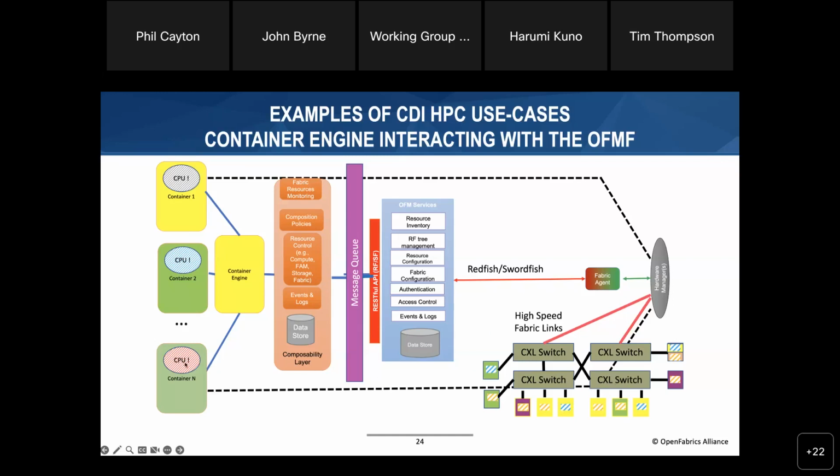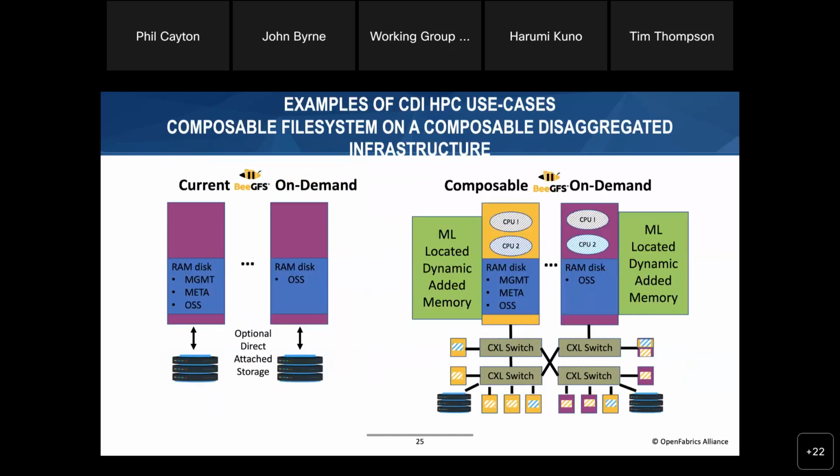Let's say container N, CPU 1 is attached to a portion of the memory on the CXL switch on the right, and it's bridged across through a Redfish Swordfish link, and it's associated through a fabric. In another case, we would have an expandable, for instance, BeeGFS, which is an on-demand dynamic file system.